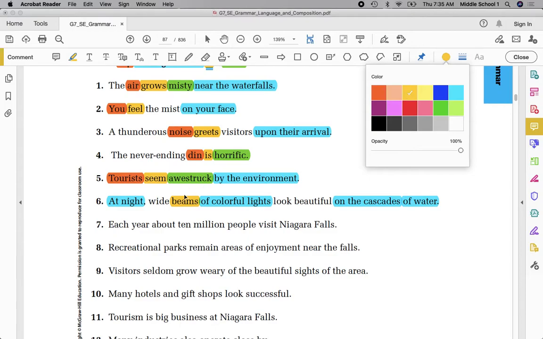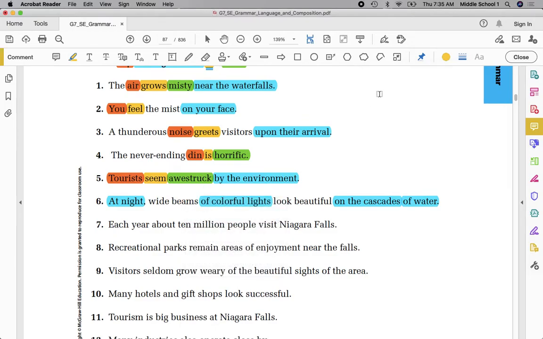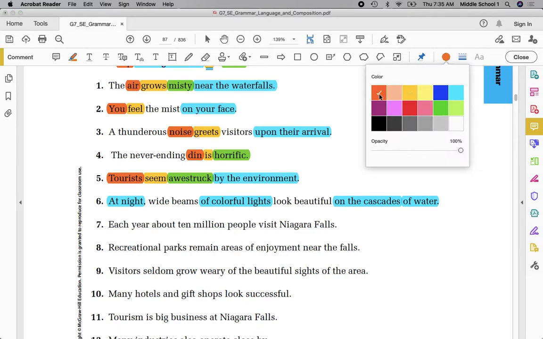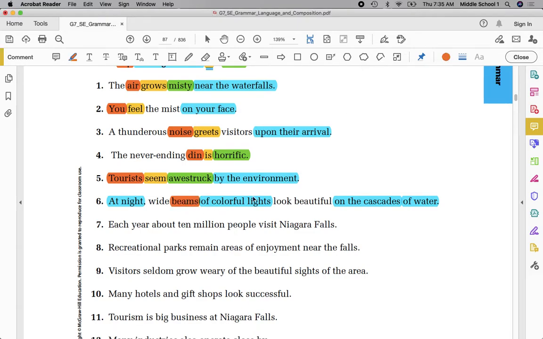What is my linking verb? Look. What do beams look like? They look beautiful. Predicate adjective. Beams are beautiful. Subject, linking verb, predicate adjective.